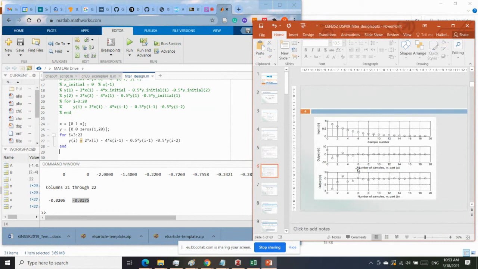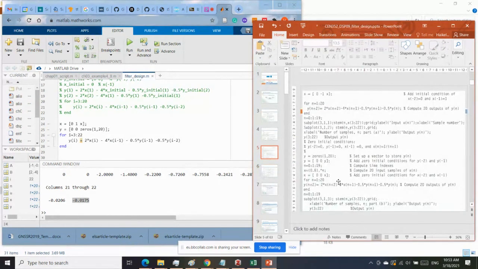And we can do a subplot for the input and the output. We can use a stem.